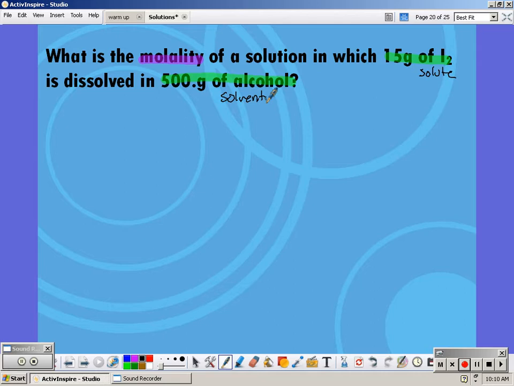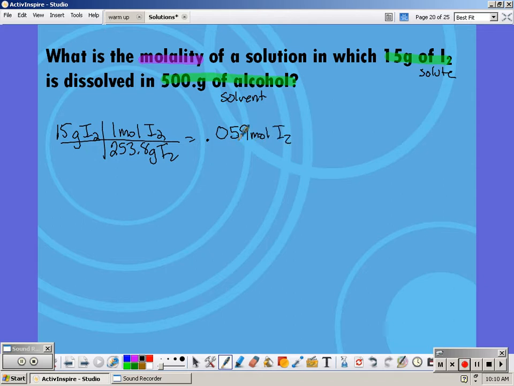So my solute, the 15 grams, I need to convert to moles. Iodine is a diatomic, so we want to make sure we use the molar mass twice. And we have 0.059 moles of I2.